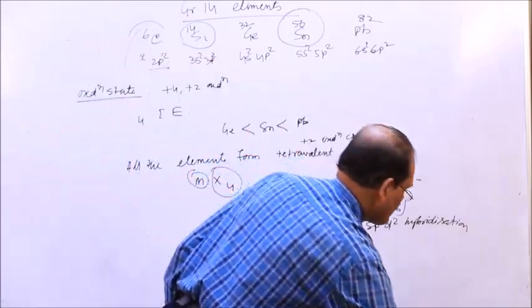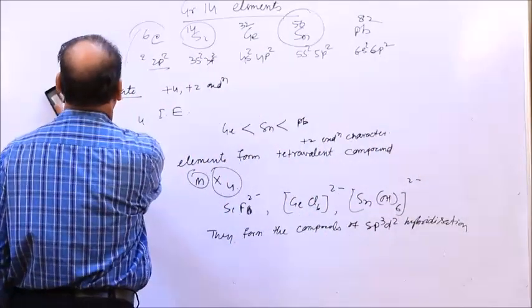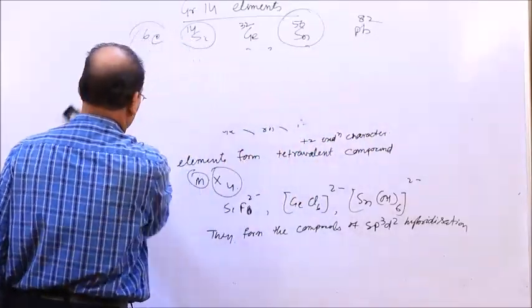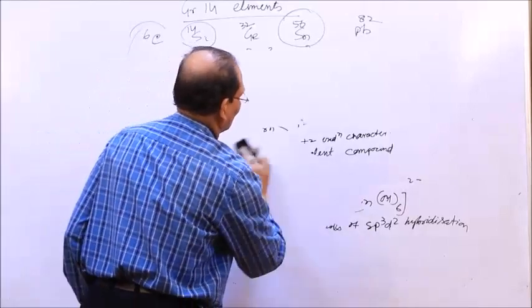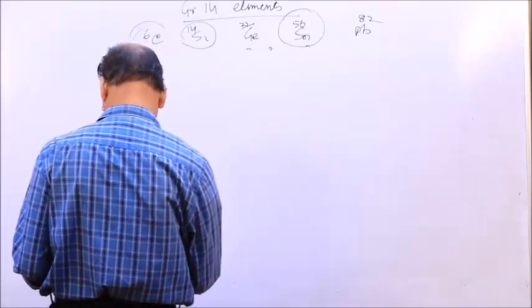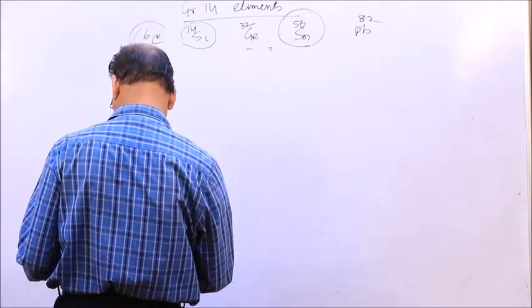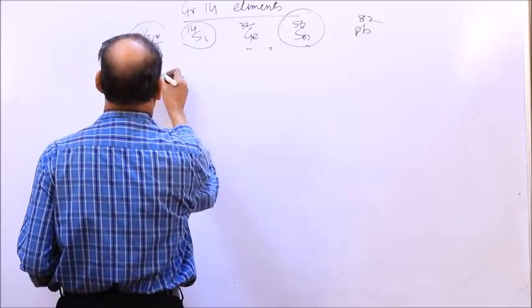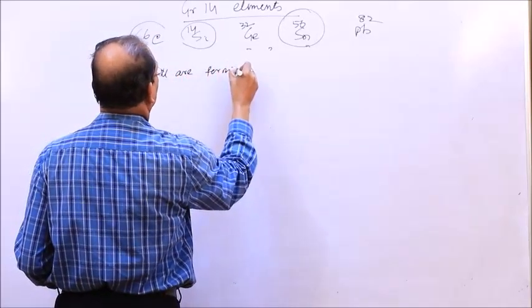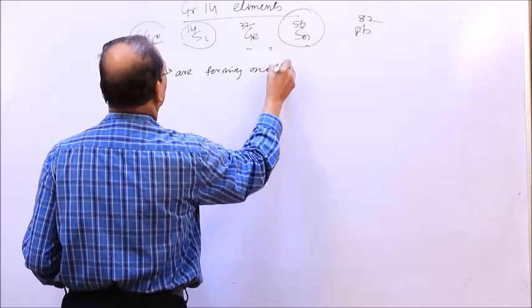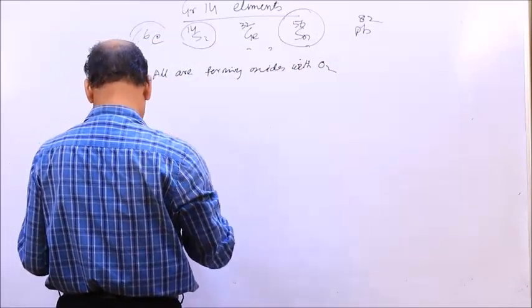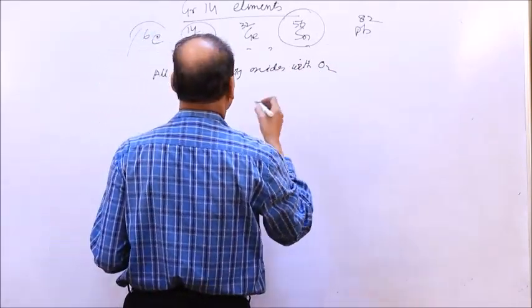Then reaction towards oxygen. All are forming oxides with oxygen, and there are two types of oxides.